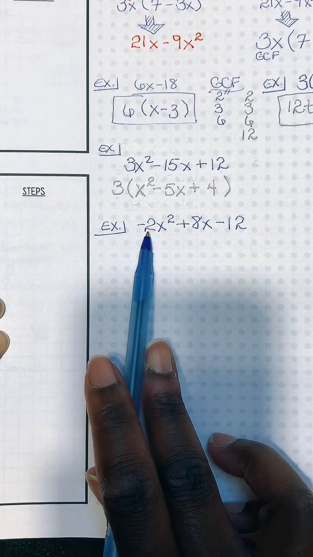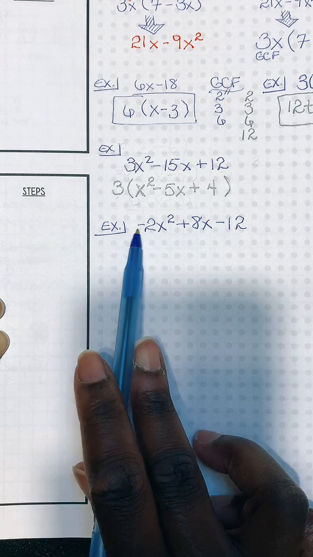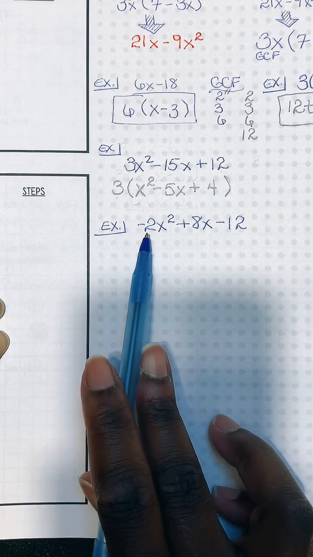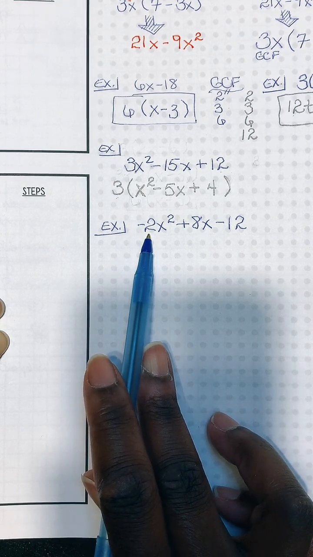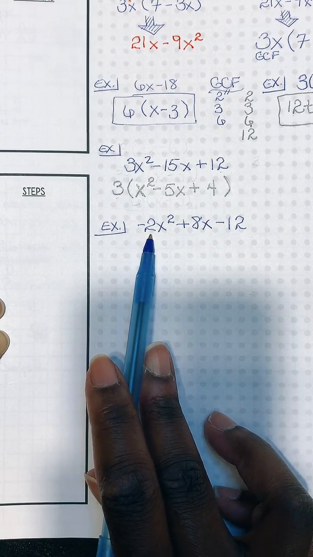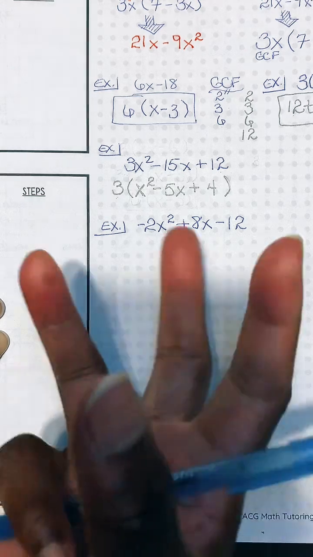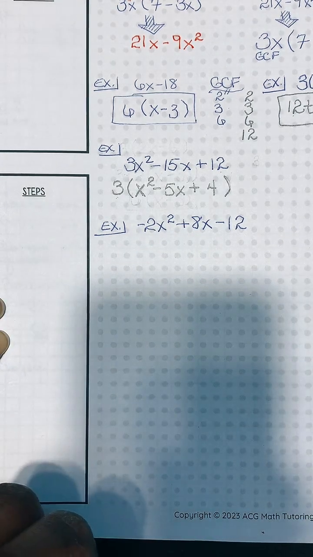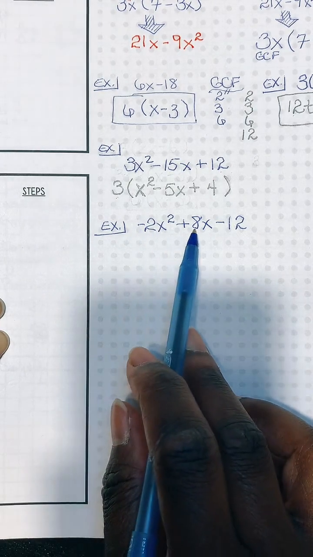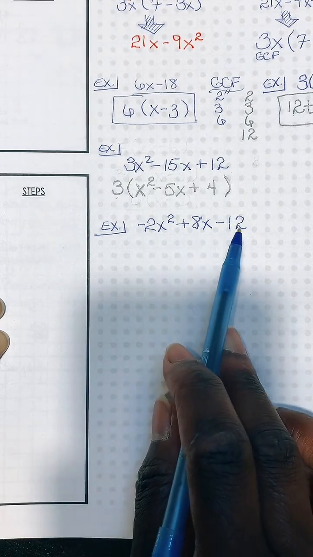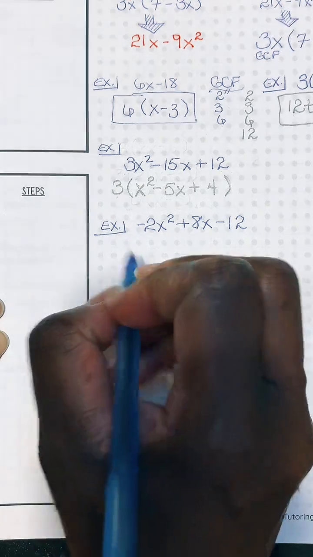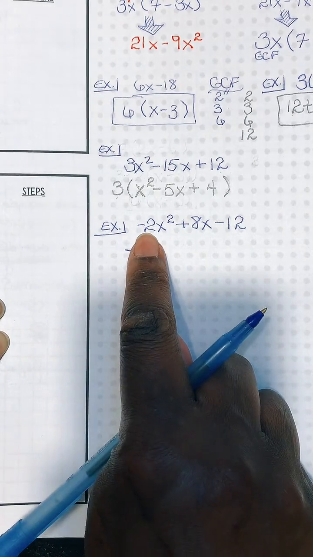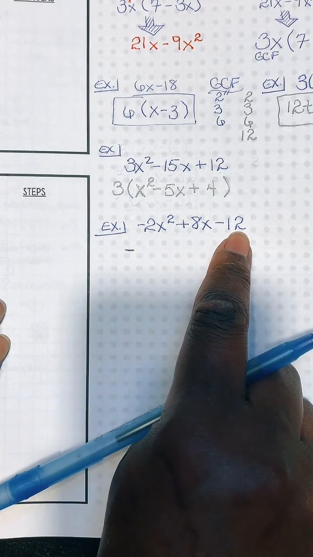We as math people do not like to have a negative number as a leading coefficient. So since we are factoring, we want to pull out the negative as well as the GCF for 2, 8, and 12.